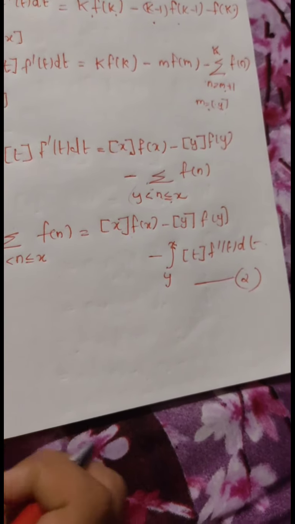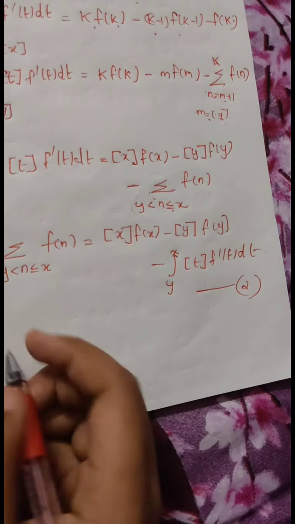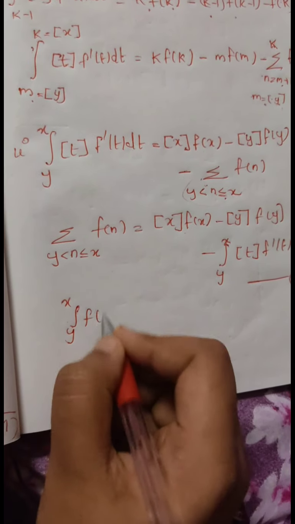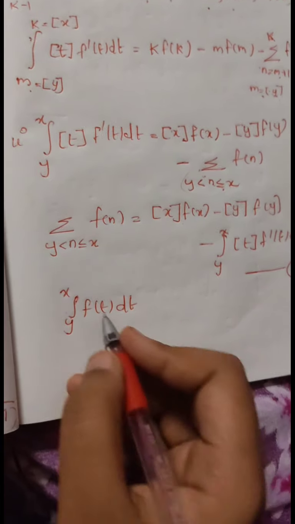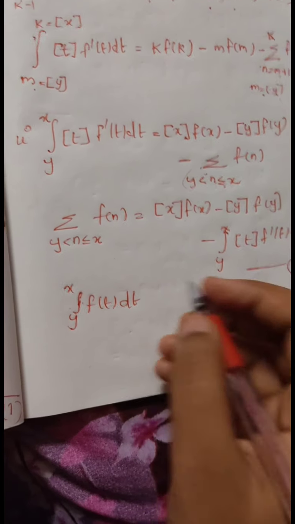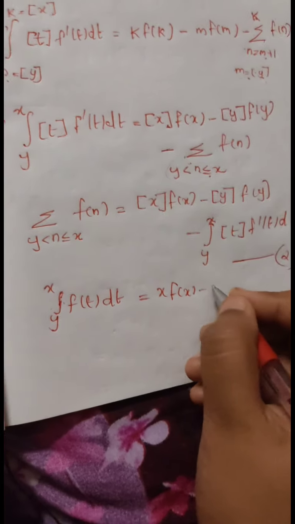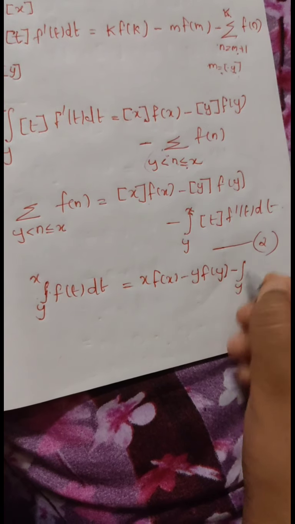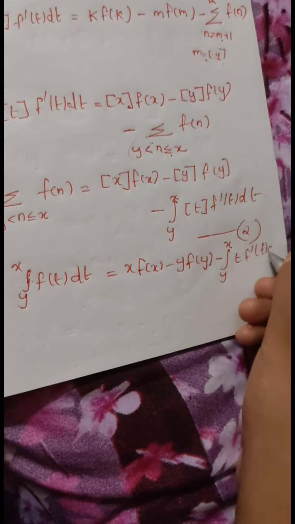Now by integration by parts, we are taking the integral from y to x of f of t dt. When we take integration by parts, that is 1 into f of t dt, what will we get? It is equal to x f of x minus y f of y minus the integral from y to x of t f dash of t dt.